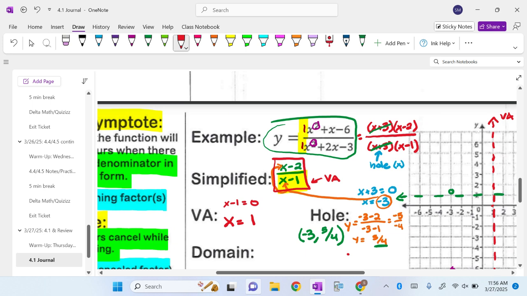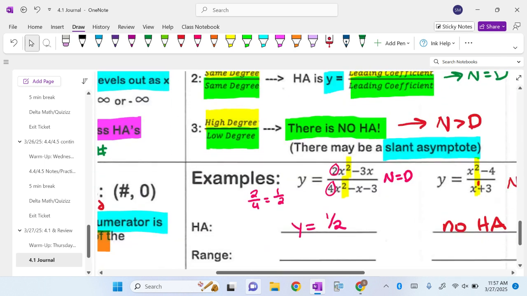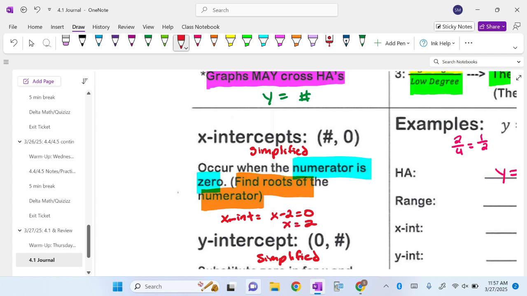My x-intercept is going to come from this numerator right here. I'm going to set x minus 2 equal to 0 and solve. So down below, my x-intercept of my top function would be x minus 2 equal to 0, so x equals 2.